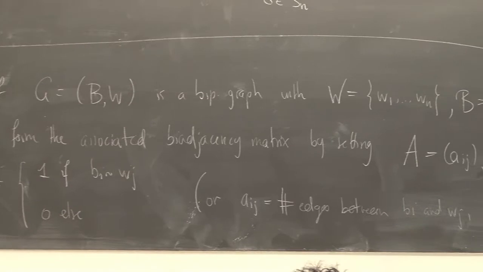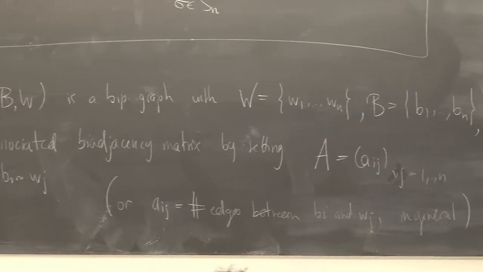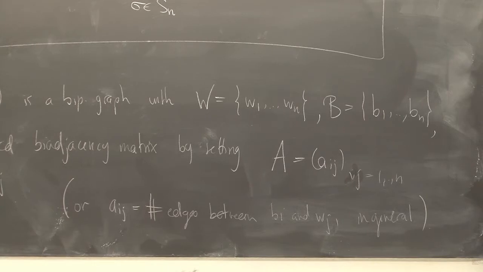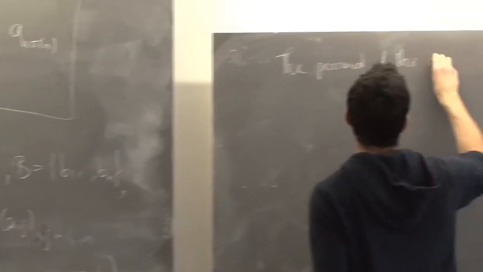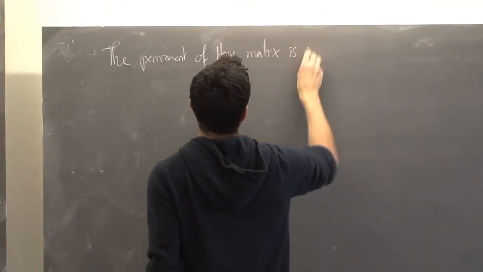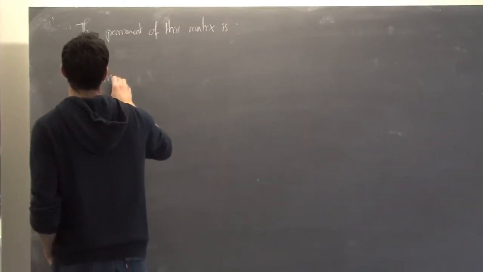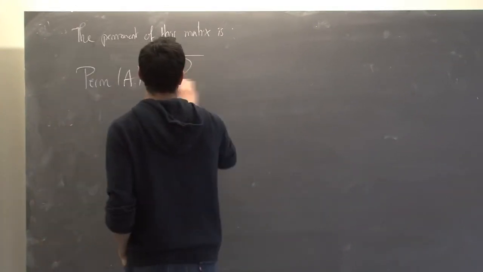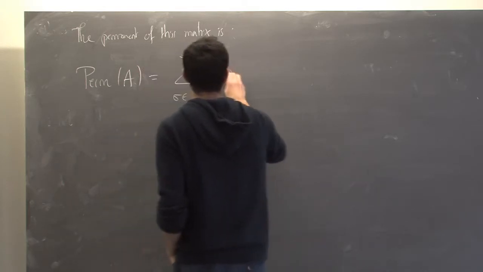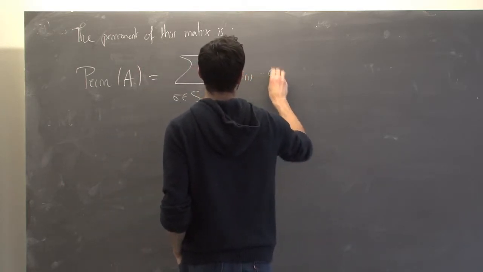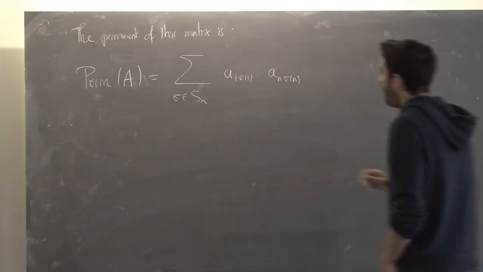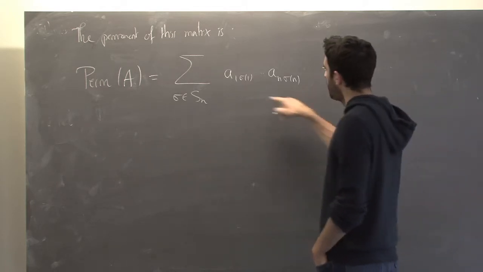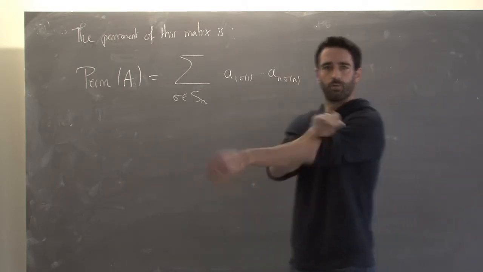Well, now let's try to compute the permanent of this matrix. So you see, let's assume that the graph is simple, but it works in general.